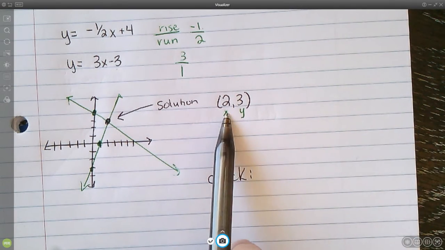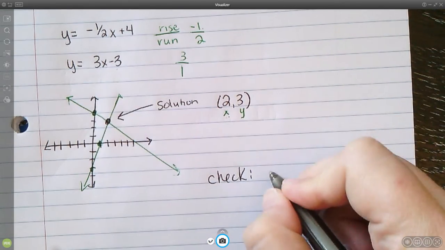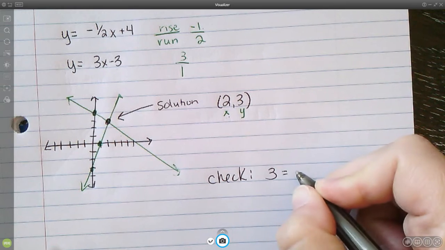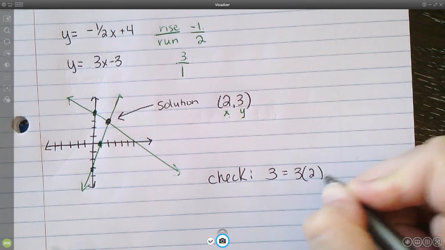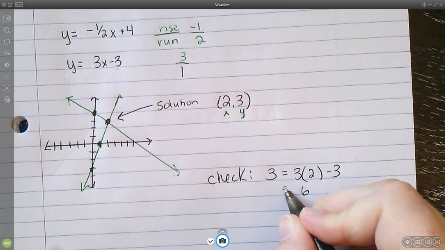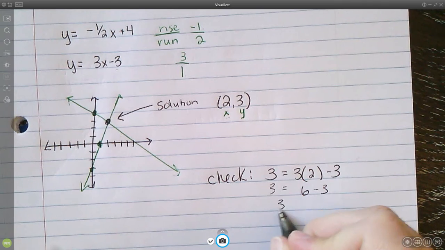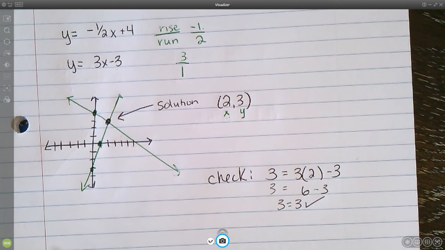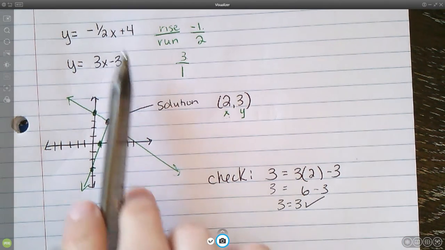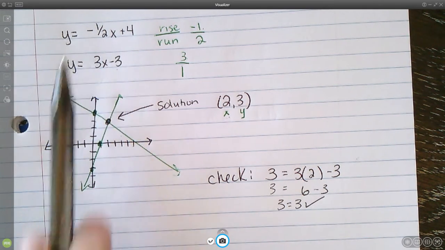So if I take a 2 and put it in for x and a 3 in for y, you get 3 equals 3 times 2 minus 3. 3 times 2 is 6, and then minus 3. 6 minus 3 is 3, and that works. And it'll work the same way if I were to put an x and y in for this one.